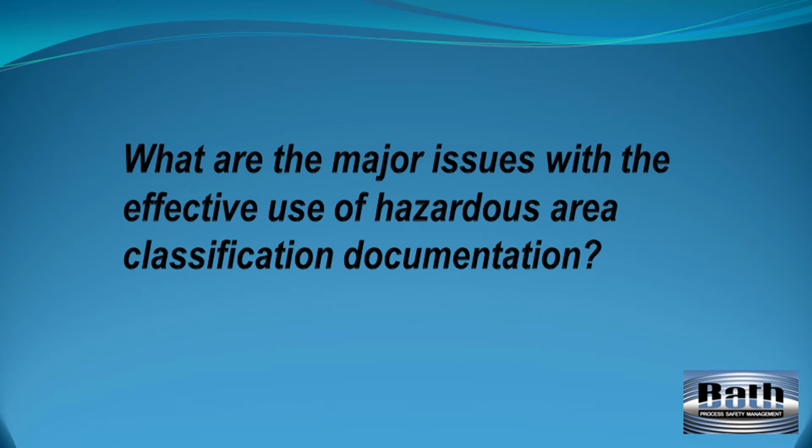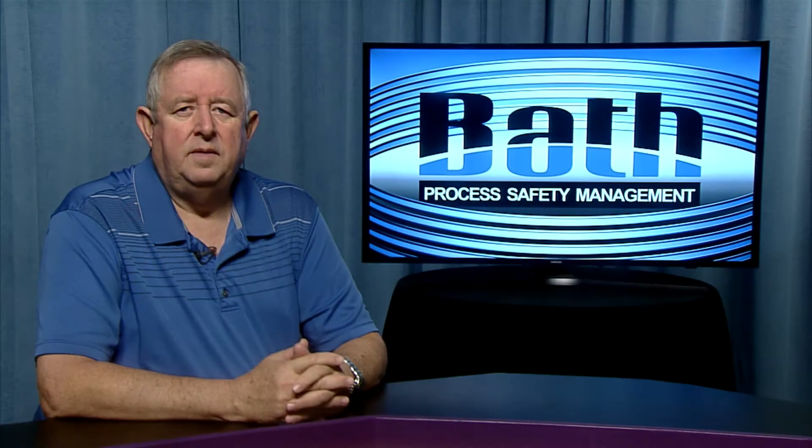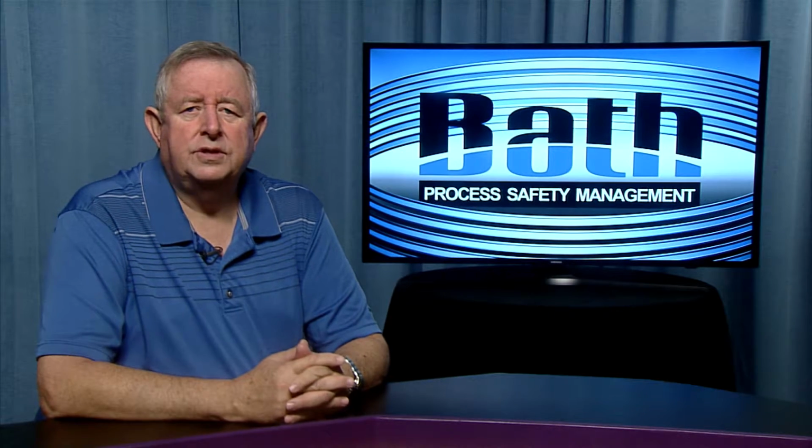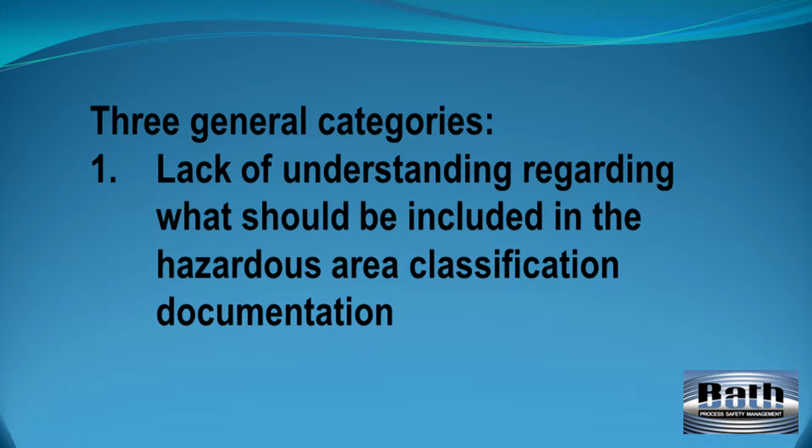What are the major issues with the effective use of hazardous area classification documentation? In my opinion, the major issues associated with using hazardous area classification documentation can be broken into three general categories. The first category is the lack of understanding regarding what should be included in the hazardous area classification documentation.